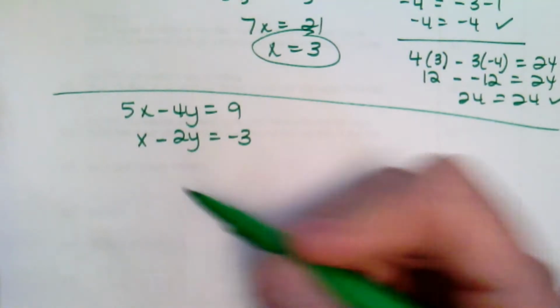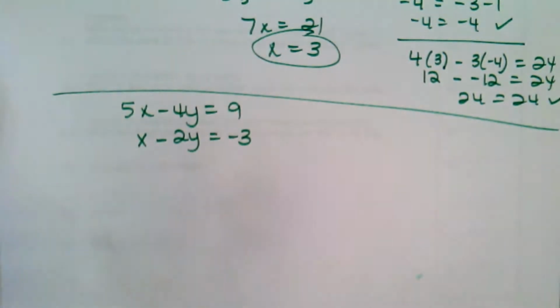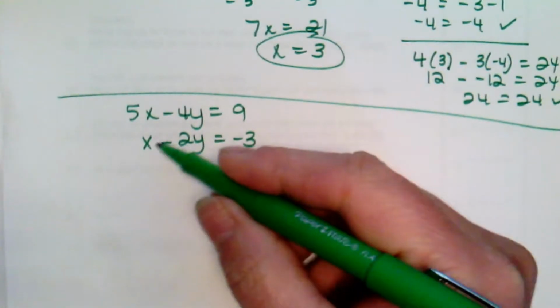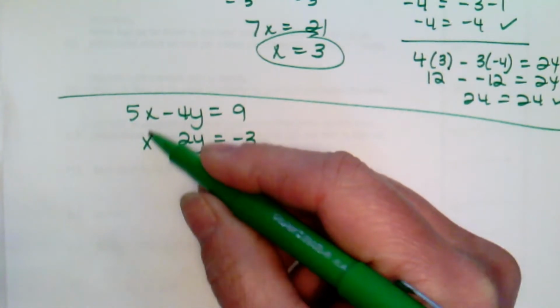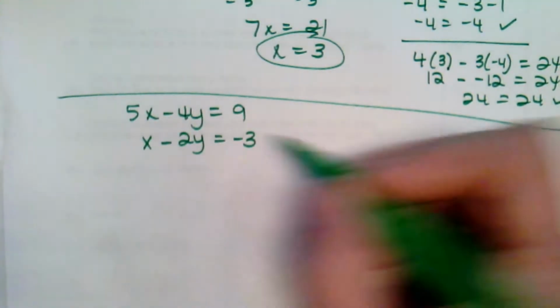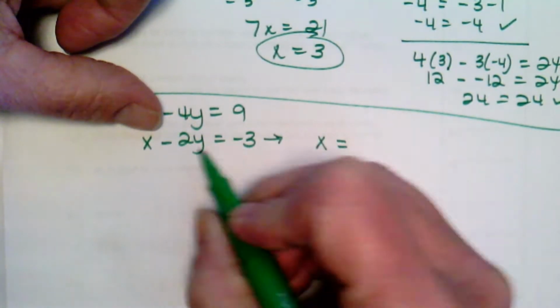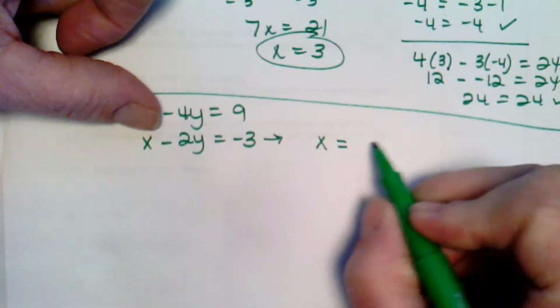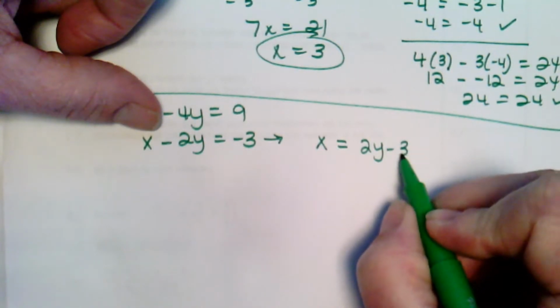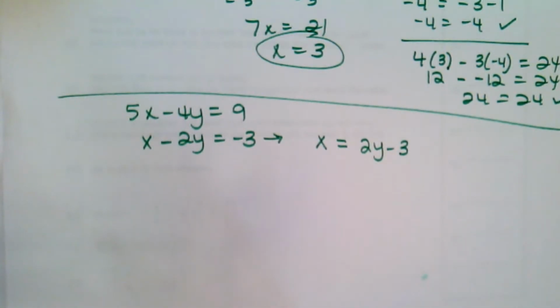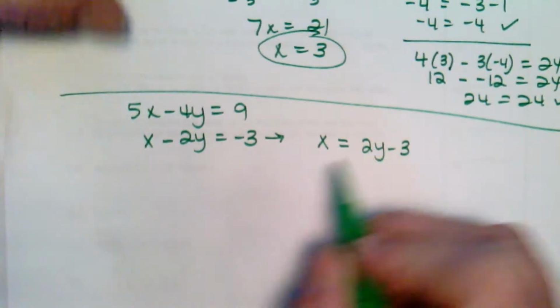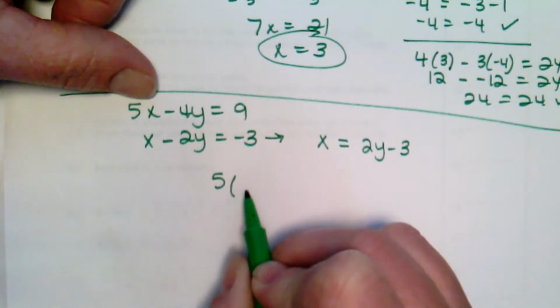And I always try to look at them and see which one would require the least amount of work. So in this case, I'm looking at this one. It has a plain old x. These all have coefficients with them. So I'm going to pick on this guy. I'm going to make this one x equals. So that means I would bring this over. So when I did that, now I have the form I want, and I'll just plug it in.